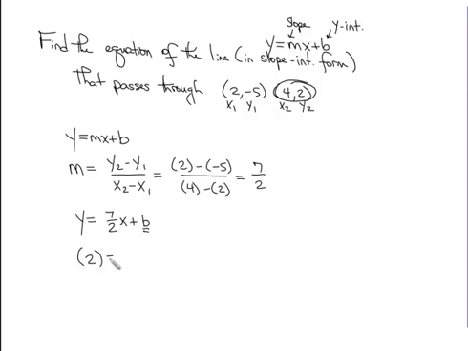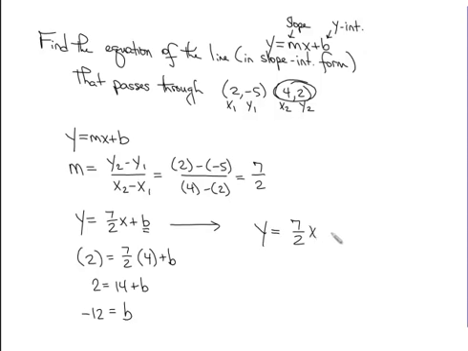We know that y = mx + b, so 2 = 28/2, which is 14, plus b, which makes b equal to -12. And so we now know that this equation is y = 7/2 x - 12. There's the equation of the line passing through those 2 points in slope-intercept form.